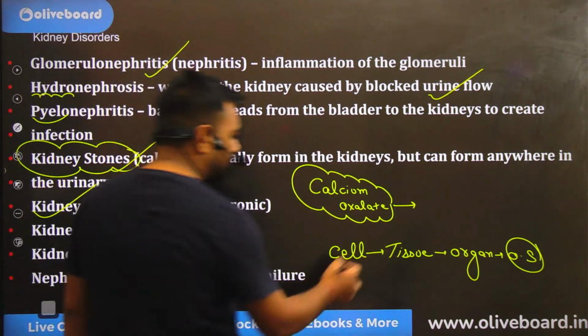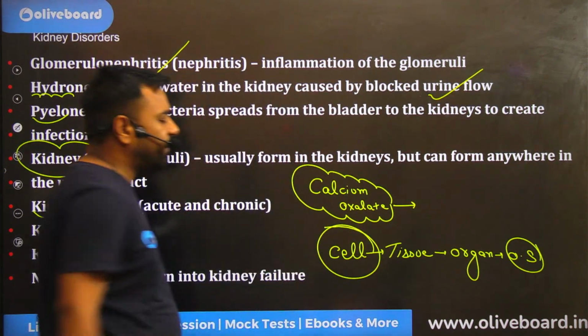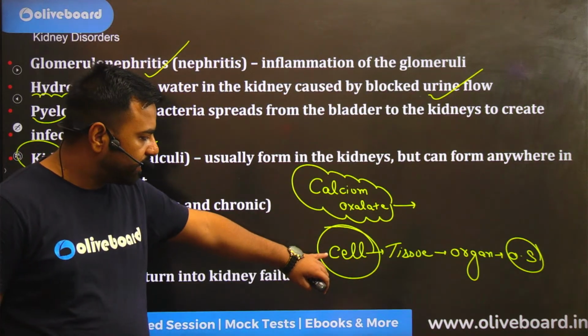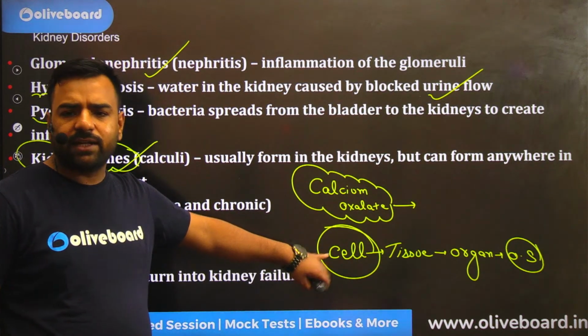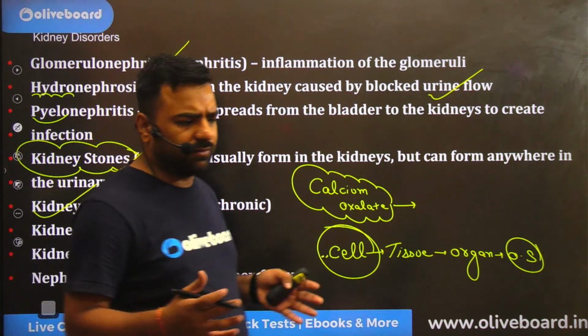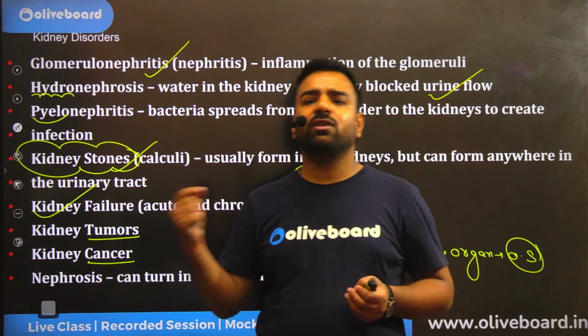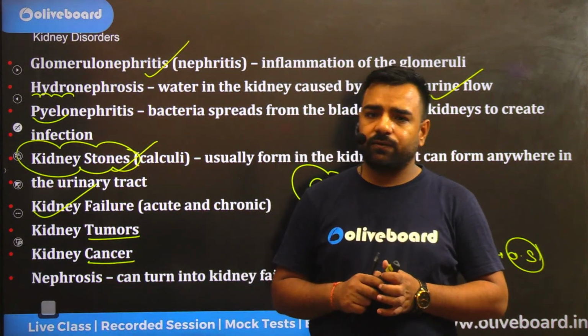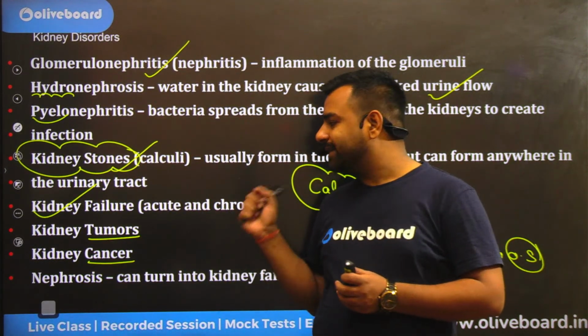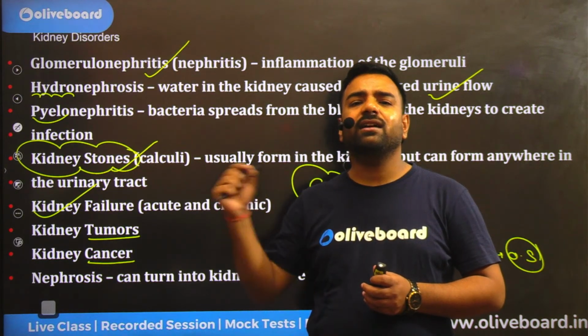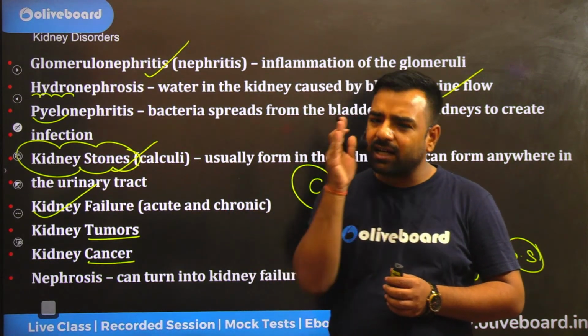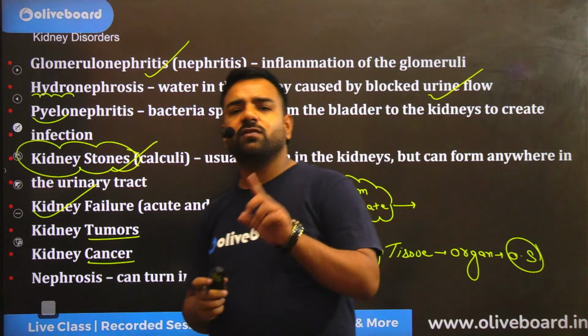Here, the cell, which is the basic unit of our life or body, if it divides, that's totally okay. That's a common way by which we repair or heal our body. But what if these cells are dividing uncontrollably? That means if it is an uncontrolled cell division, that is what cancer is.